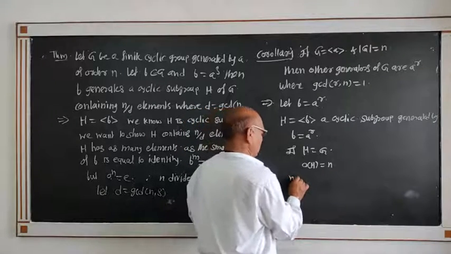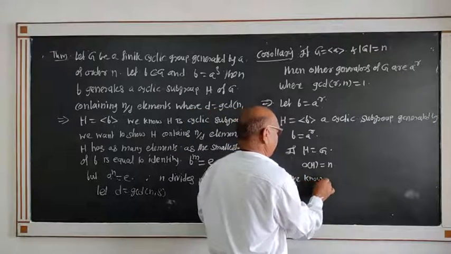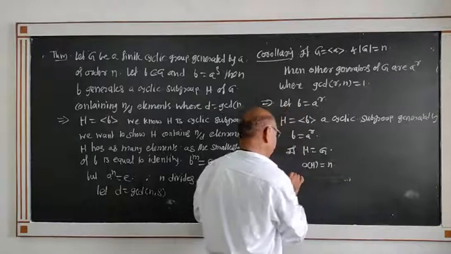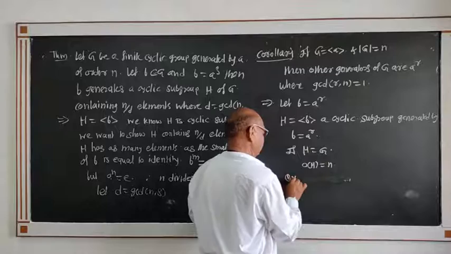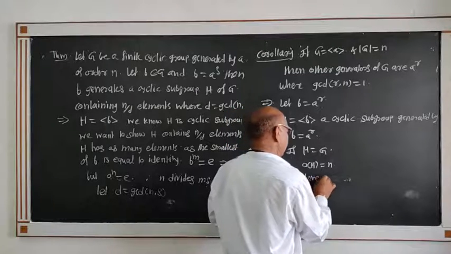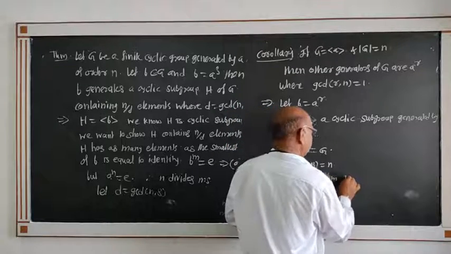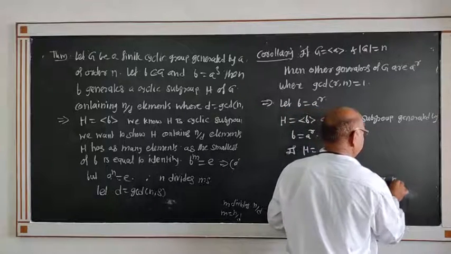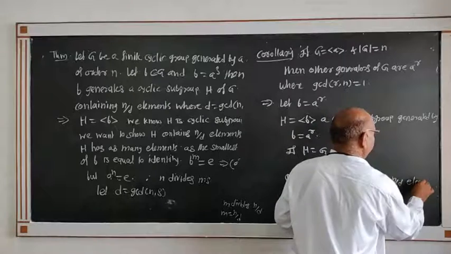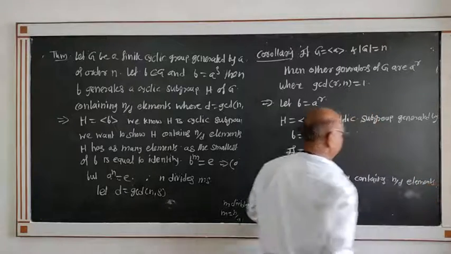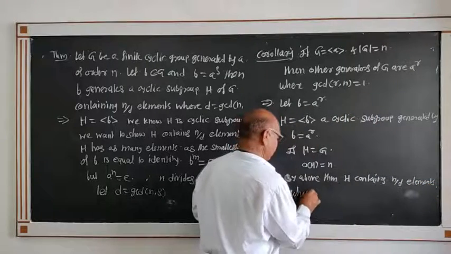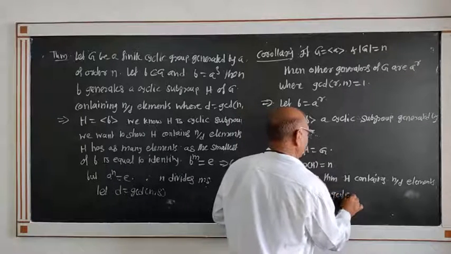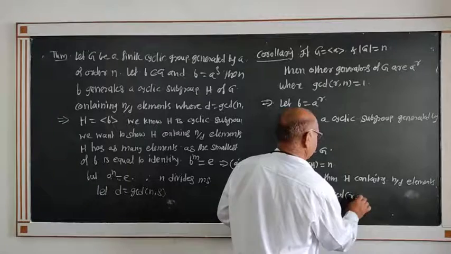We know, by the above theorem, H contains n by d elements, where d is equal to GCD of R and n.